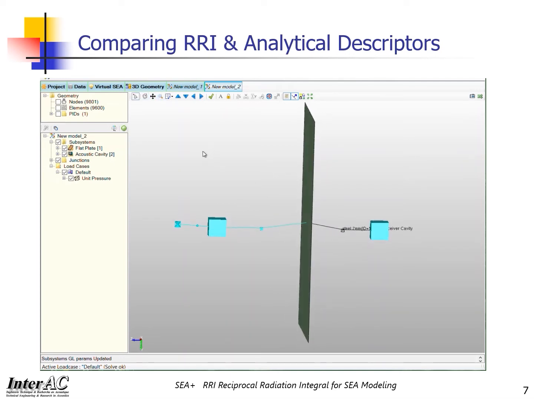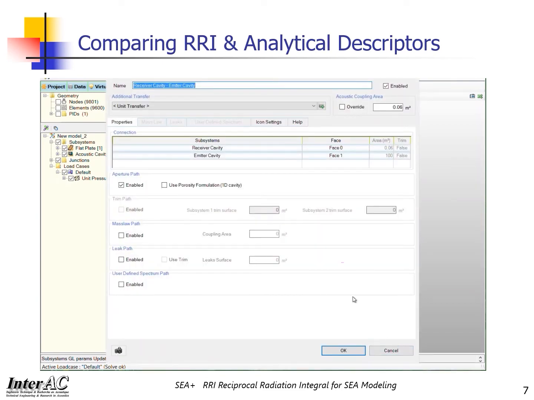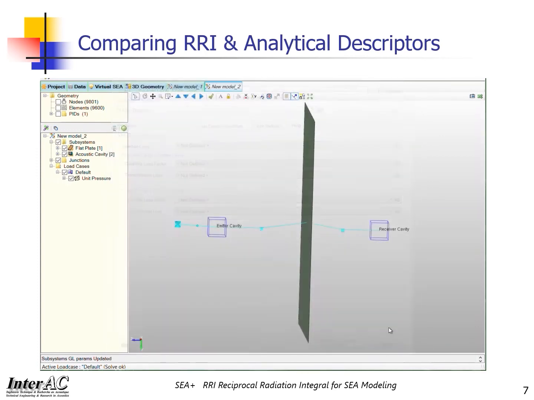The first thing we can do, if I want to add transmission loss, is to create non-resonant transmission loss to replace mass law or to replace black energy. I have to disable aperture, here enable user-defined transmission, and here I have to find one spectrum, but it's not available till I get it from RRI.